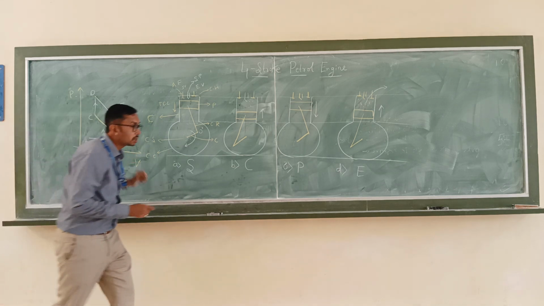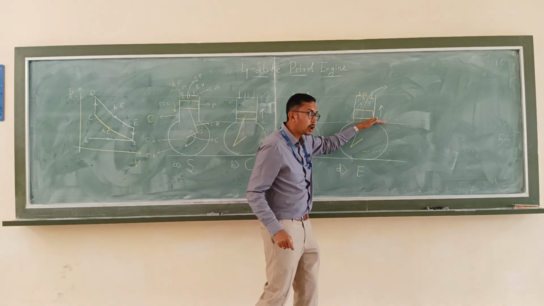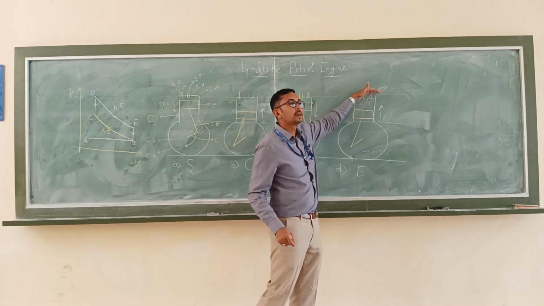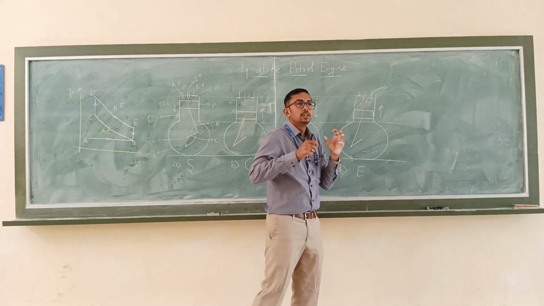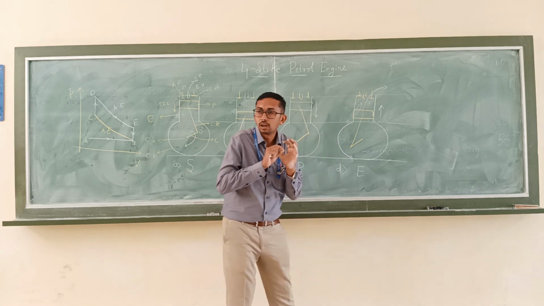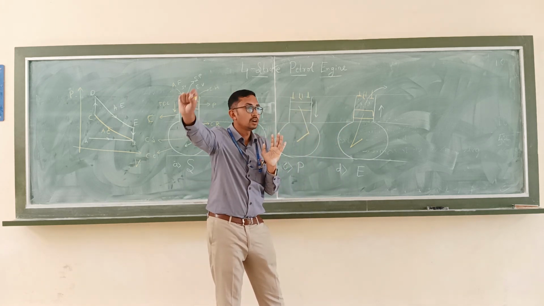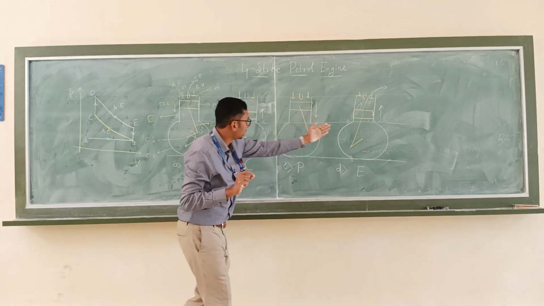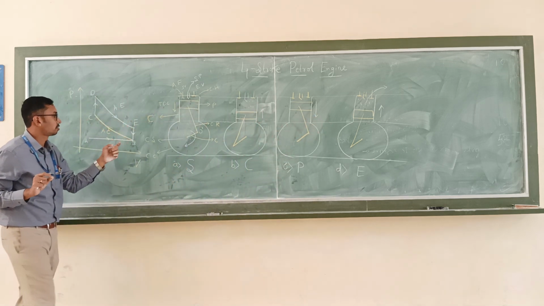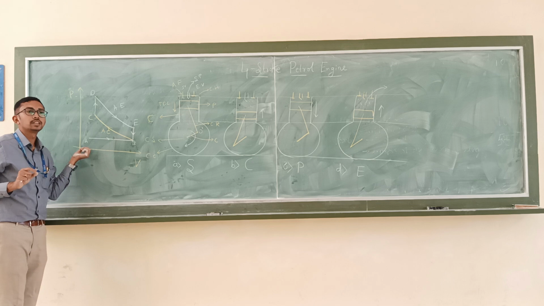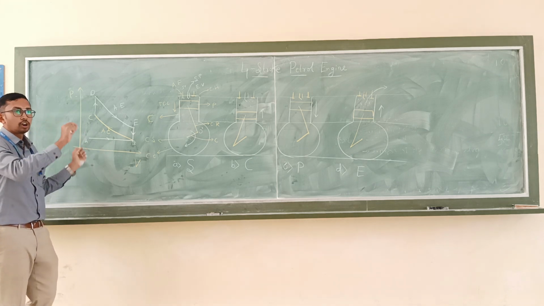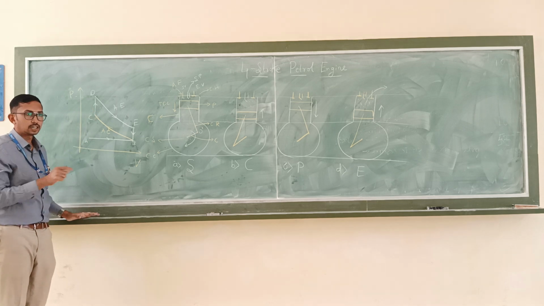Okay. So now the piston is going to move from bottom dead center to top dead center. During the movement, it is going to push the waste gases out to the atmosphere. This can be represented in the PV diagram from line B to A. So this is the working of the four-stroke petrol engine and the cycle.